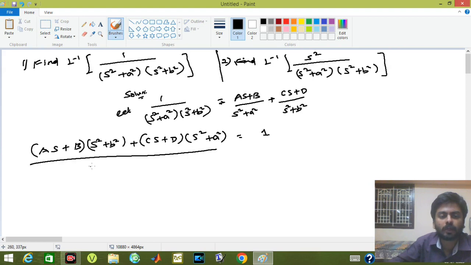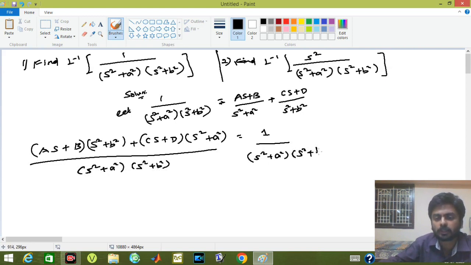Here you will have (s square plus a square) into (s square plus b square), and here also the same. Now these two terms, s square plus a square and s square plus b square, will get cancelled.